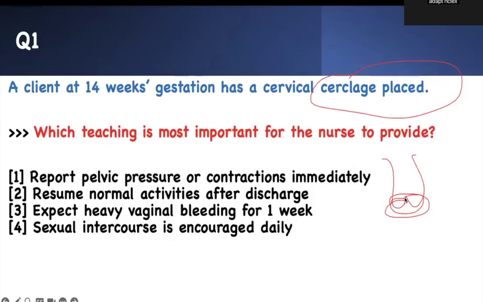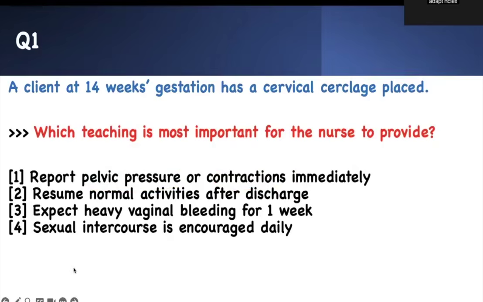These are concepts you've got to write down and then master them. Sexual intercourse is going to cause a problem. If you're bleeding for a week, you may be having a complication. You should slow down. Therefore, your best answer is to call me when there are signs of labor. Pelvic pressure and contractions are not good. That is the concept you should pay attention to.